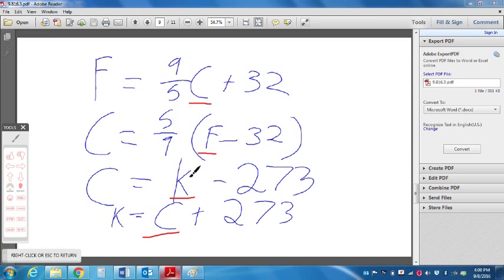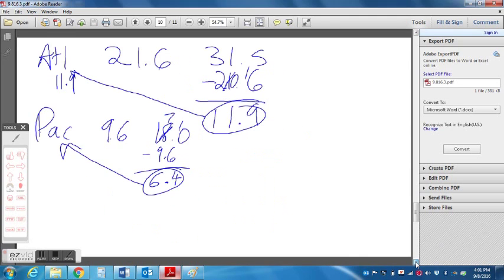Like, if you have C and you're looking for F, then just use the top equation. Plug in C, get F. If you're looking for K and you've got C, plug in C and get K. Use the equation that makes the most sense. And now we solved 8 together in class. Now remember, this is a difference, and we talked about how this isn't an average.